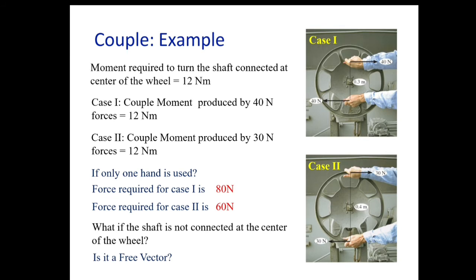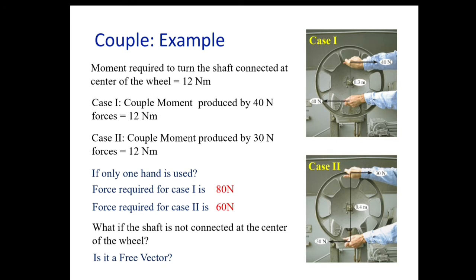You can see two opposite forces of 40 newton applied with the help of hands at the inner side of the wheel, which are 0.3 meter apart. If we find the couple, or the rotation, at this center origin, we get 40 into 0.3, which gives 12 newton meter of couple. So in case 1 it will be 12 newton meter. How have we found it? Force into perpendicular distance.